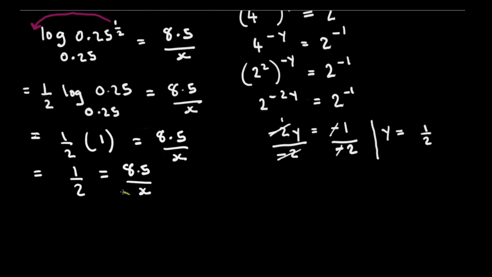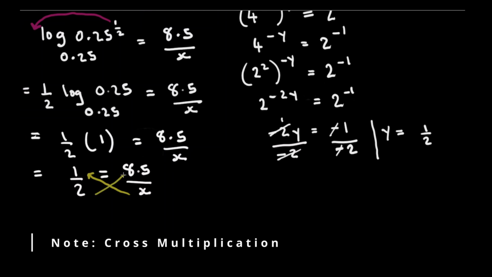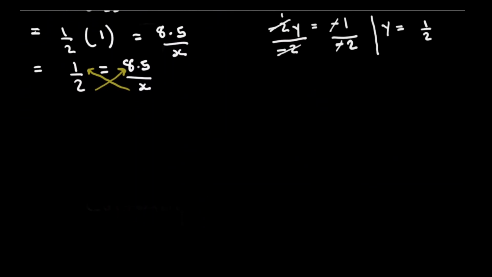By cross multiplication, this then means that 1 multiplying x is equal to 8.5 multiplying 2. What is 1 times x? It is x.